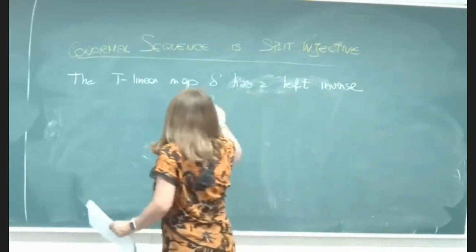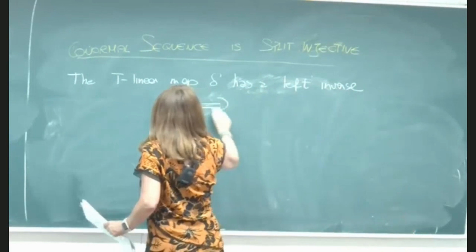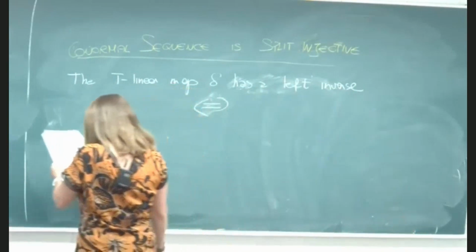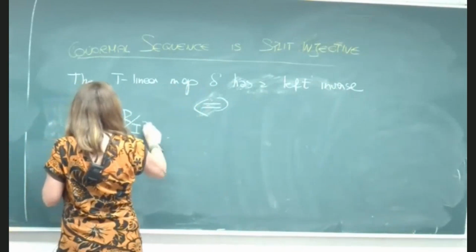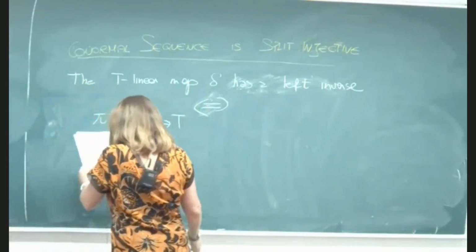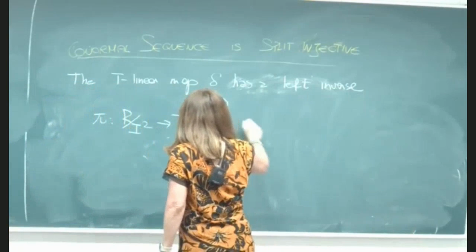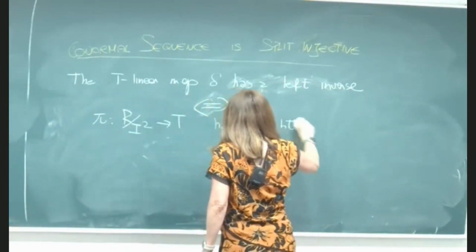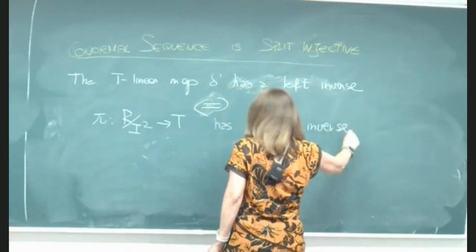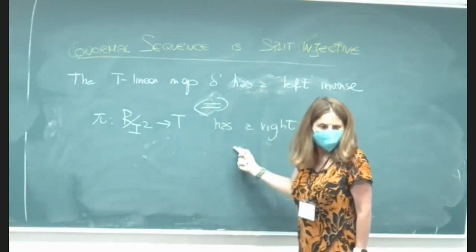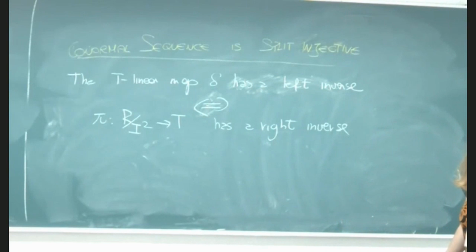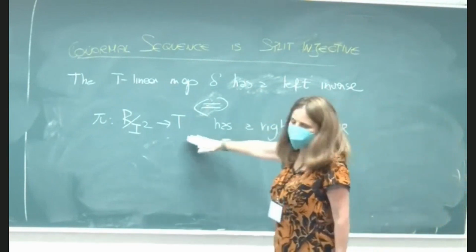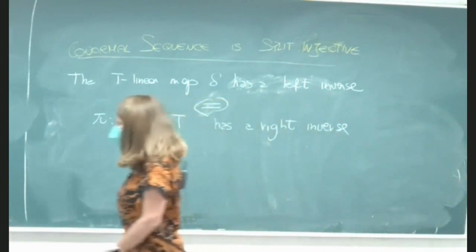If and only if pi from RS square to T has a right inverse, and this is the natural projection. Clear? So that's what we claim: that this has a left inverse if and only if this map pi has a right inverse.